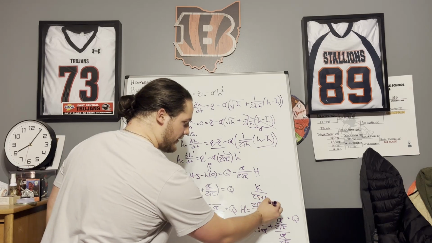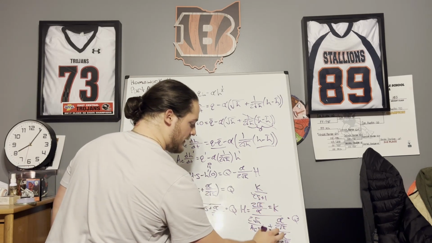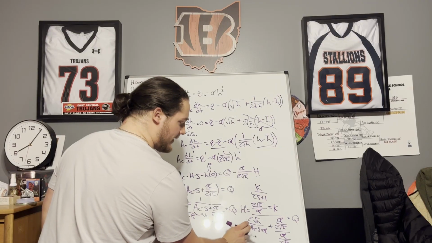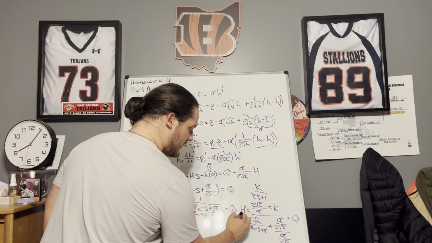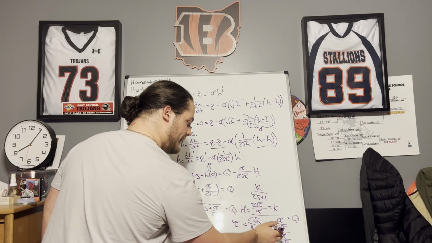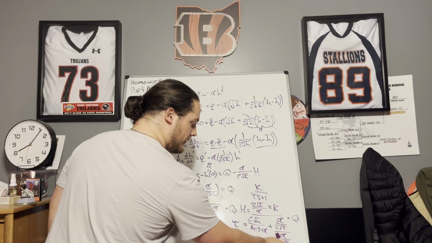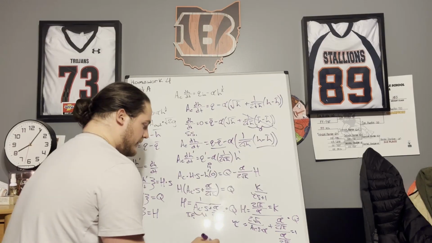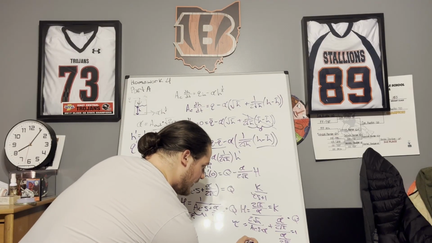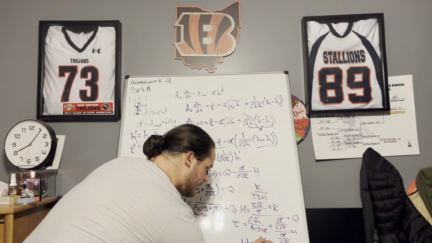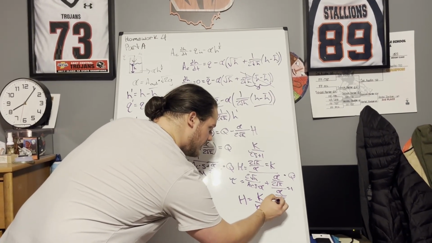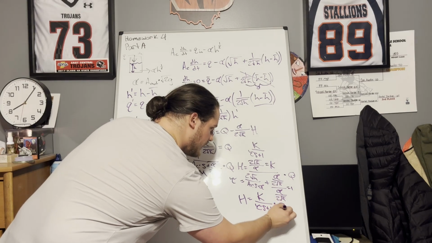So you can see here, we can make our numerator here equal to k, and then our first term in our denominator, make that equal to tau, and then our last term in the denominator is going to be equal to 1. So this gives us our height is equal to k over tau s plus 1 times q.